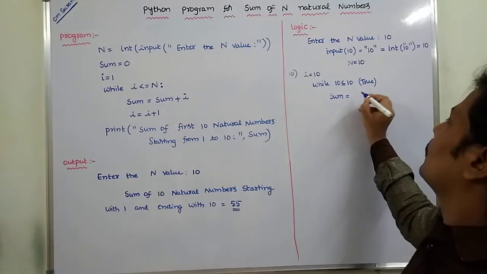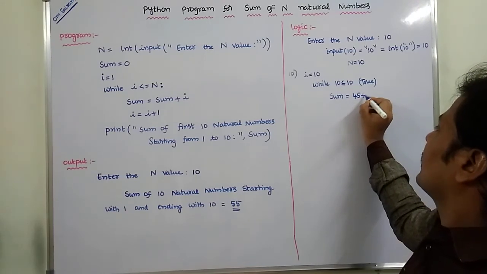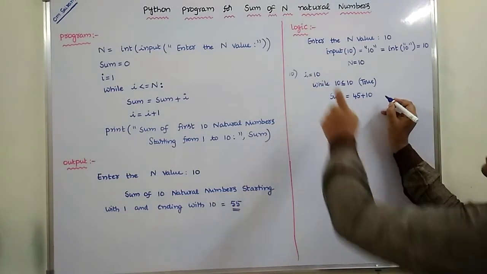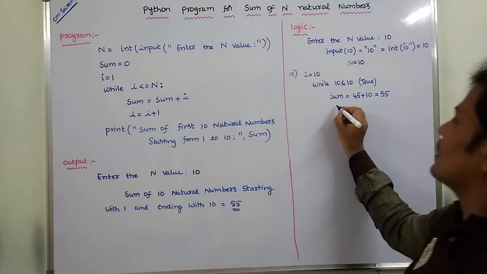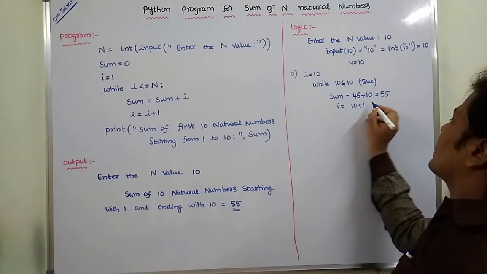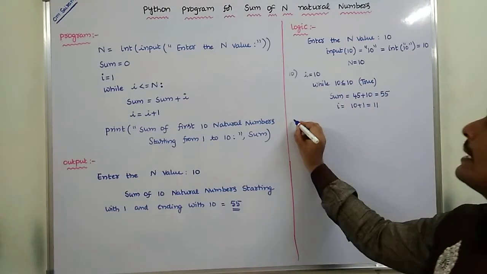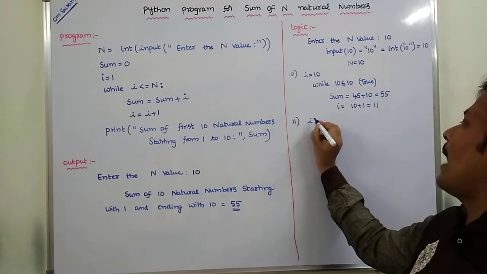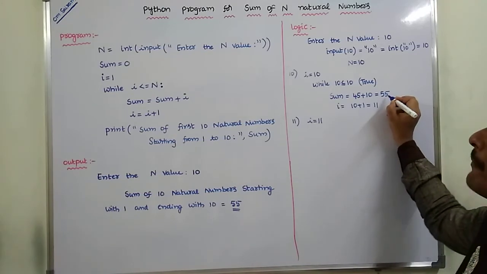Sum is equal to previous step sum value 45. Now I value is 10, so 45 plus 10 is 55. Next, I is equal to I plus 1, 10 plus 1 is equal to 11. After completing the 10th iteration, now I value is equal to 11 and the sum value is equal to 55.